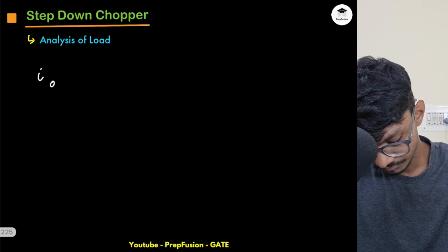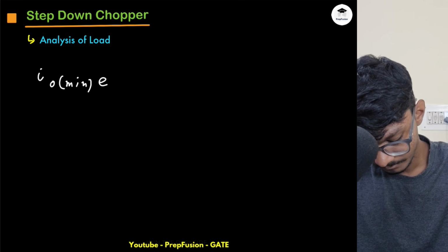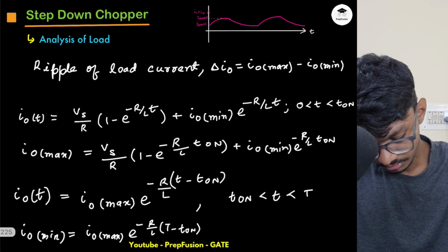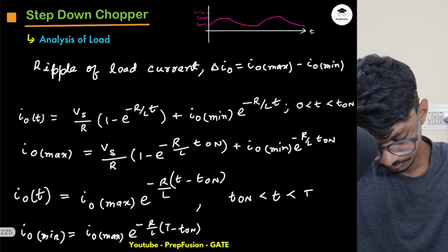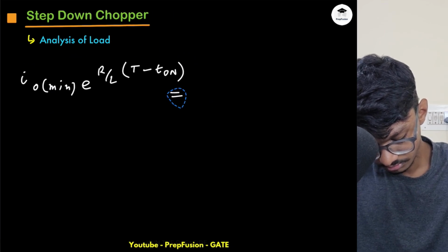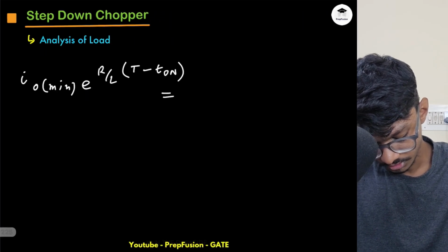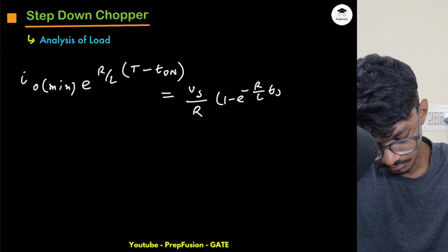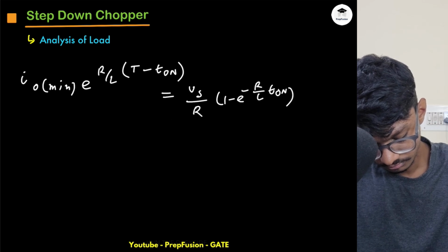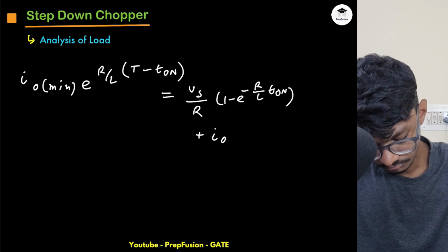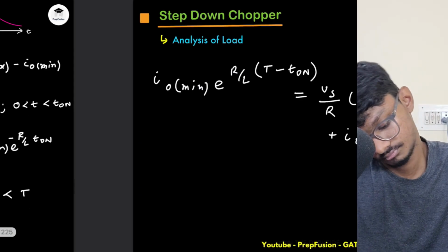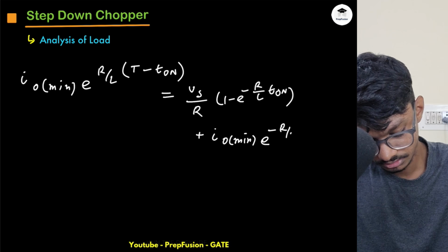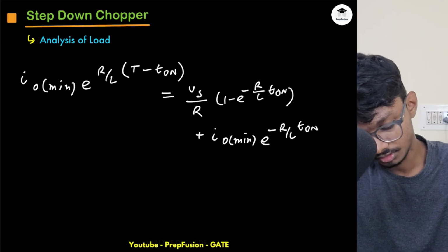So it will be IO min into e raised to power R by L, capital T minus T on, equals Vs by R into 1 minus e raised to power R by L T on, plus e raised to power minus R by L into T on. Right, this is the equation basically.